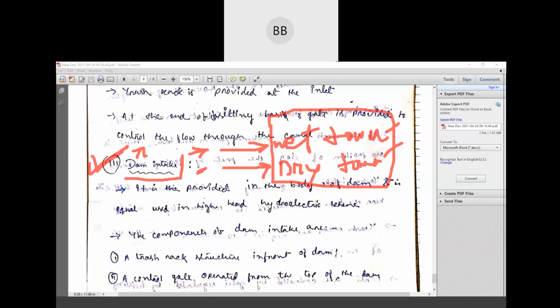Nowadays, whenever we design a dam, it is always a high head gravity dam with multi-purpose. In those cases, we always go for wet tower or dry tower intake. This part we will discuss in the next one.